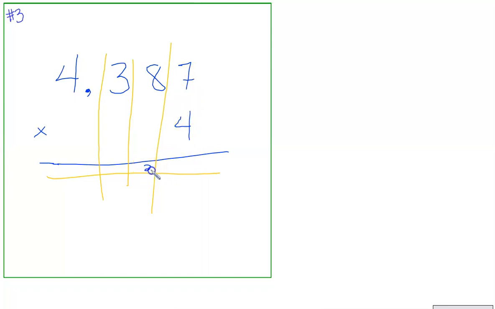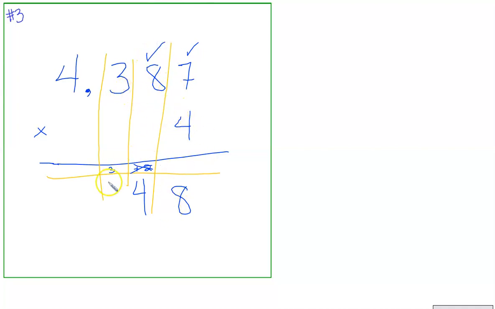So we're going to write 28, just like we always do. Done with the 7. 8 times 4 is 32. 32 plus 2 is 34. And you can even cross this out once you're done with it, just so it doesn't confuse you. We're done with the 8.